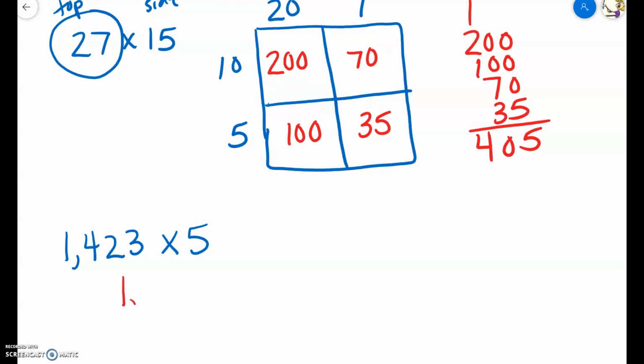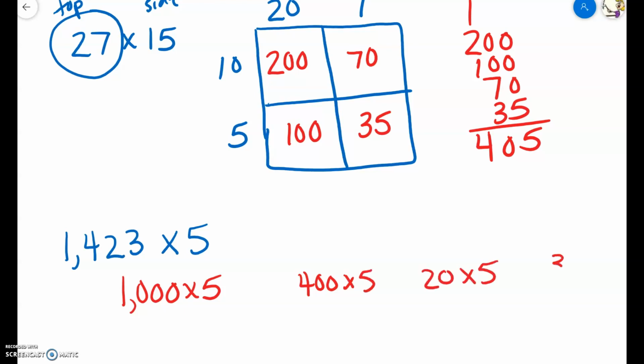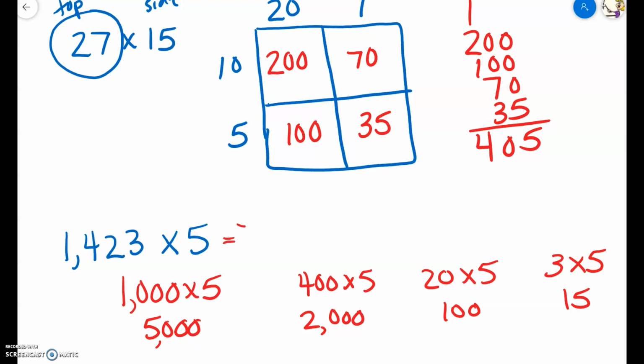So 1,000 times 5, we're going to do 400 times 5, 20 times 5, and 3 times 5. So we get 5,000. This would be 2,115 for a total of 7,115.